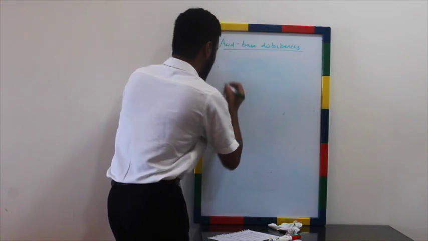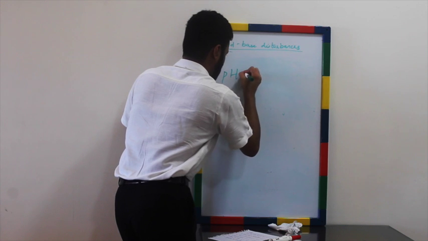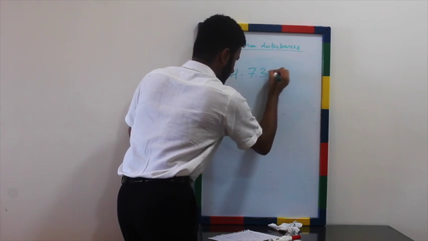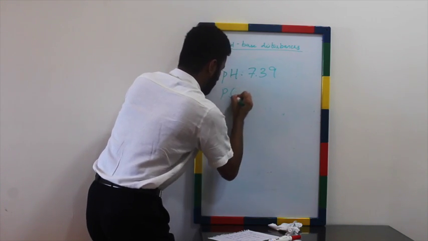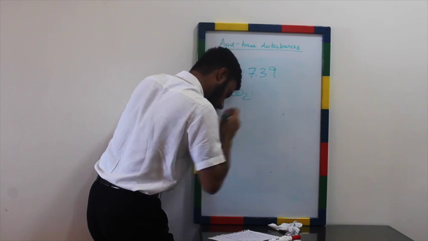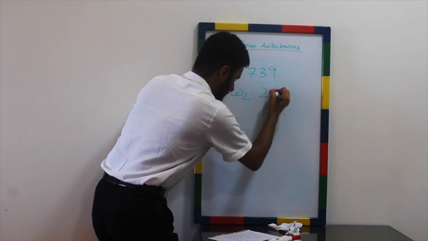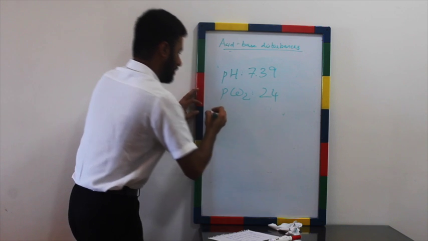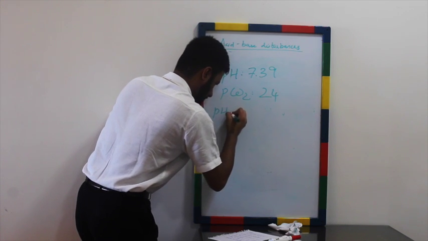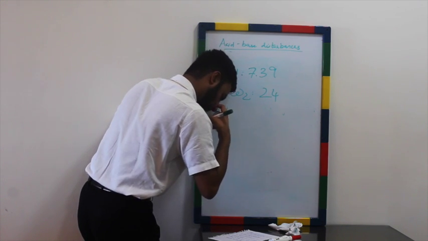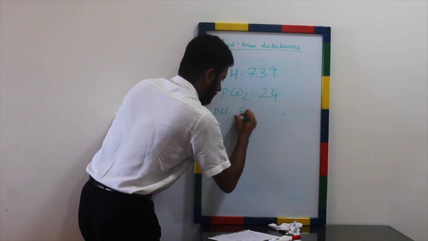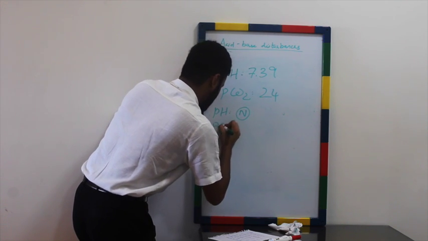So let's say you have a pH of 7.39 and a PCO2 of 24. Now here the pH is normal. The PCO2 is decreased.